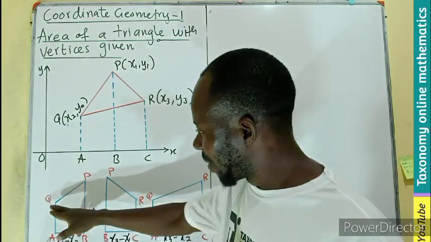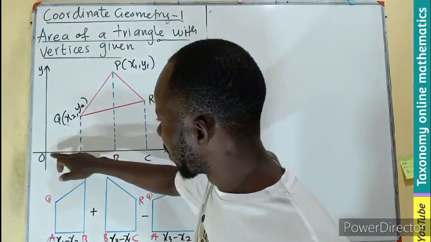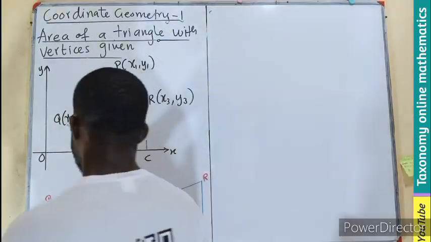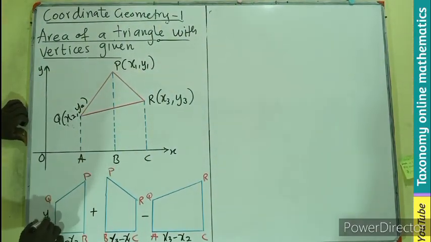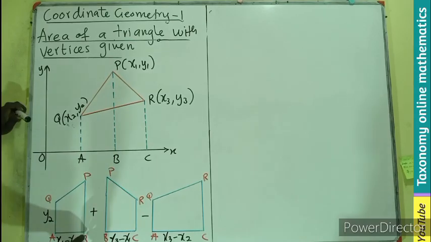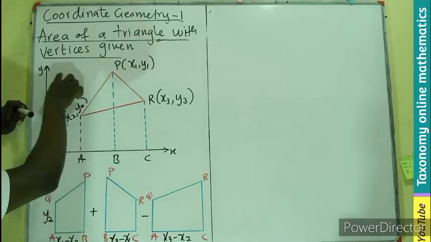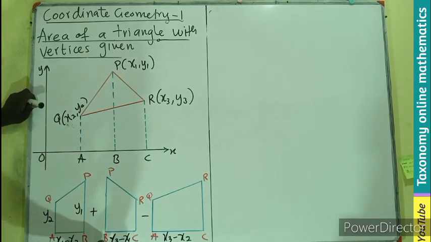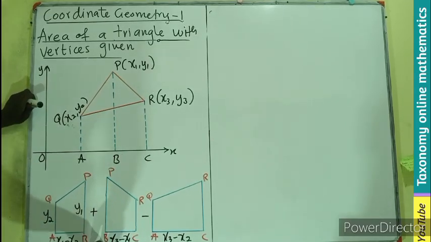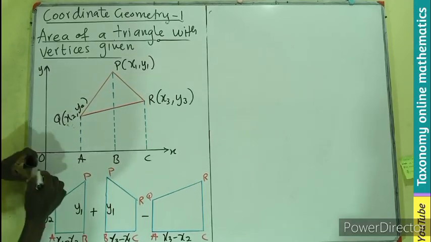Good. Let's look at the vertical heights. AQ is the height from 0 up to here, and the distance here is going to be our y2. Then from here, BP, the value will be y1. The same value we have for PB will be here, y1.